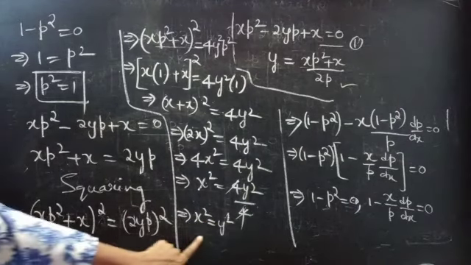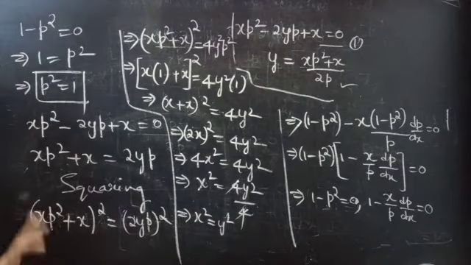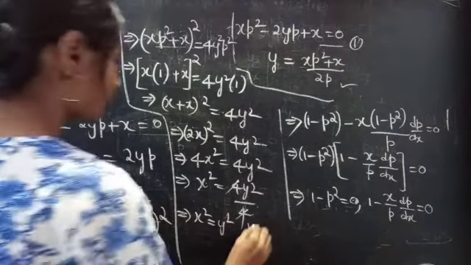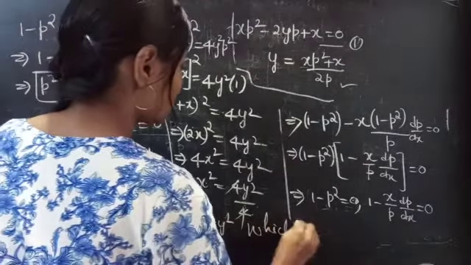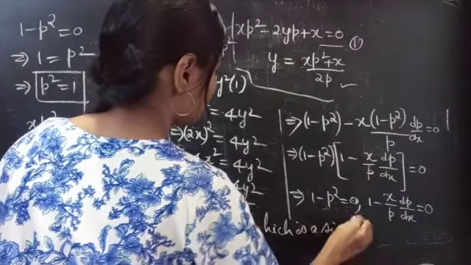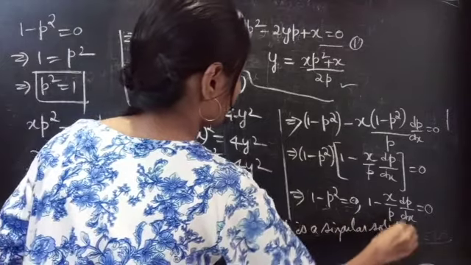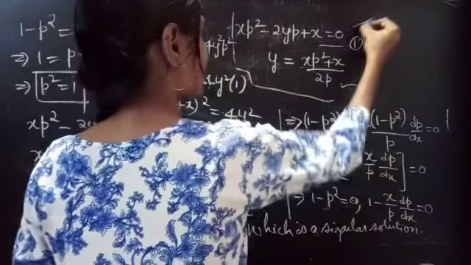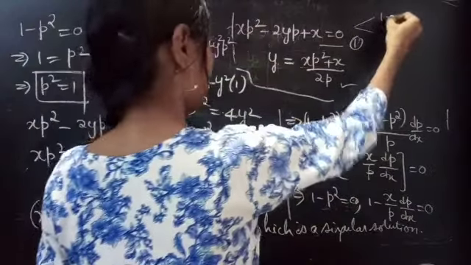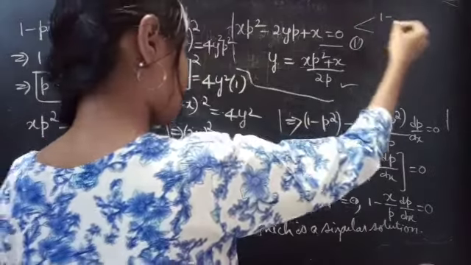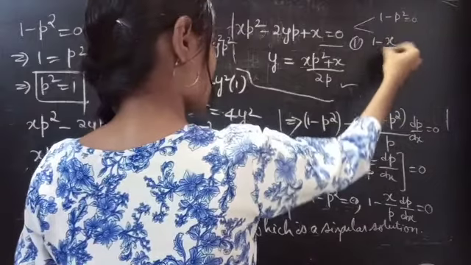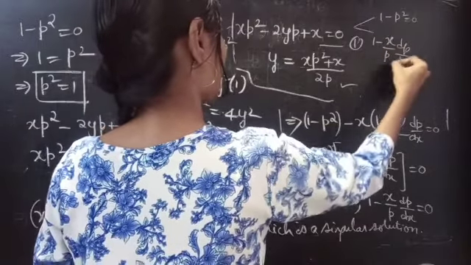So here the solution does not contain any c, and it is not obtained from the general solution. So this is called a singular solution. Sorry, we got two equations from this equation, that is 1 minus p squared equals 0 and 1 minus x by p into dp by dx equals 0.